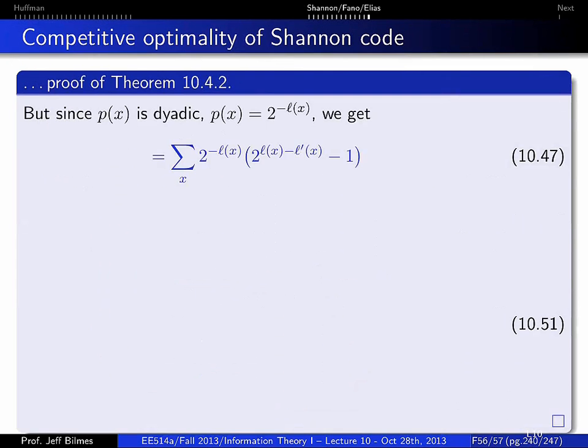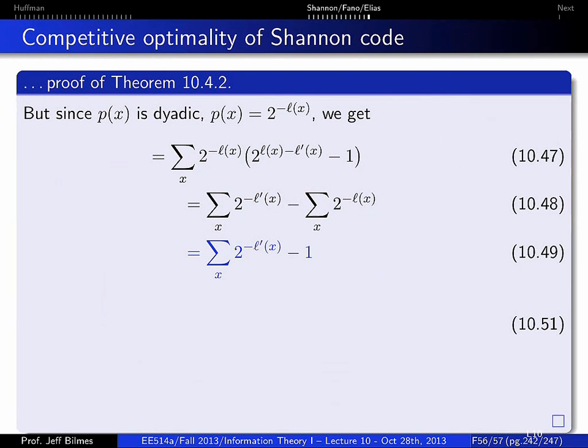Pretty good. Now we're going to use the dyadicity of the probability distribution. This is going to allow us to write the probability as 2 to the negative L of x, and that's going to do some nice canceling, as you can imagine. And we can write it in this way, where we get this difference.